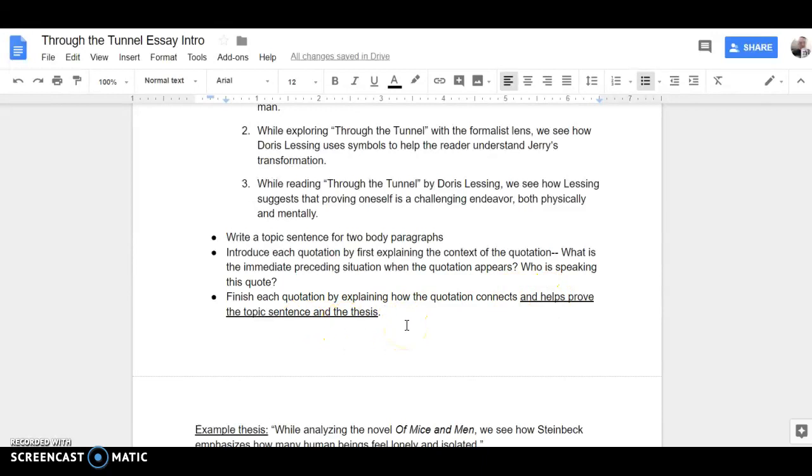So if we're working with how Jerry is a timid boy, we could say that him splashing around and being foolish demonstrates that when he starts his journey, he is still seeking approval through childish means by splashing around and making a lot of noise. That's something that young children do all the time. You need to clearly explain that. You need to clearly state how your evidence supports your topic sentence and your thesis.